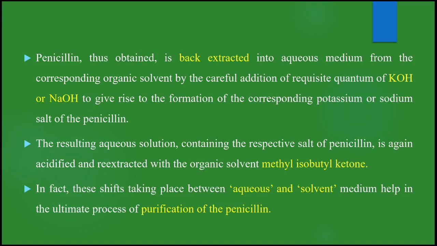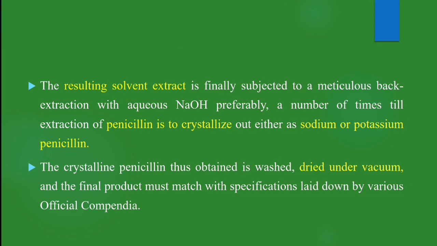The resulting aqueous solution containing the respective salt of penicillin is again acidified and re-extracted with the organic solvent methyl isobutyl ketone. In fact, these shifts between aqueous and solvent medium help in the ultimate purification of the penicillin.